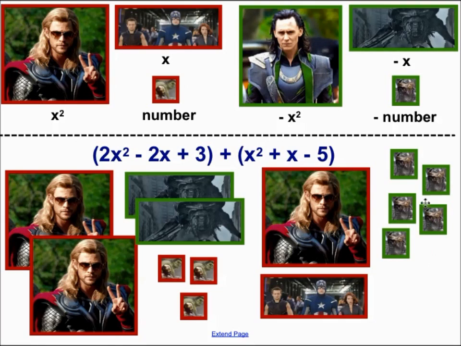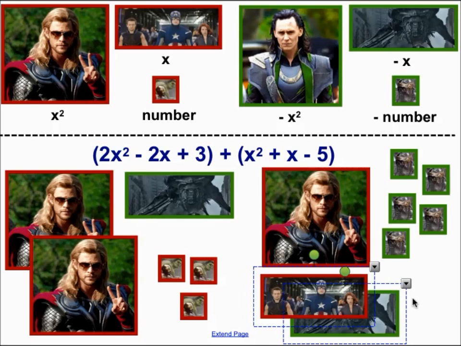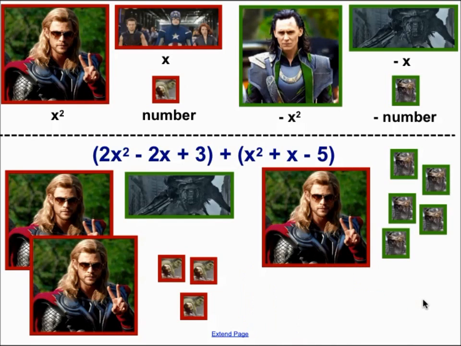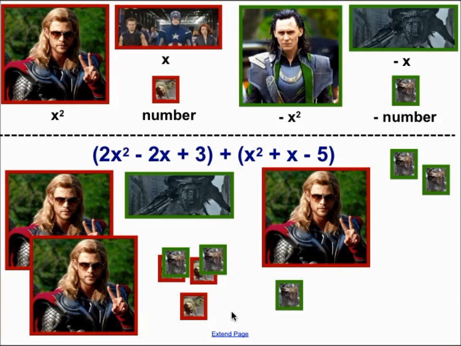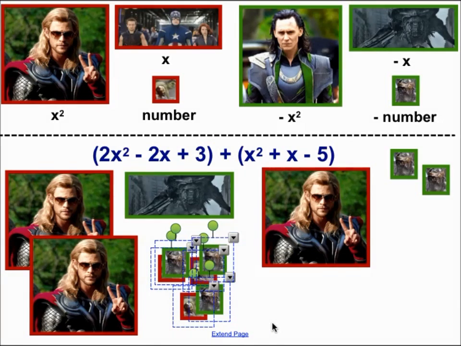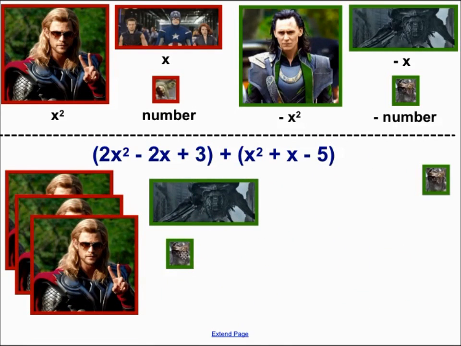So we're going to take all of these good guys and bad guys and add them together. Well, now this bad guy and these good guys are for sure going to cancel out. They all cancel out. These 3 good guys can take out 3 of these bad guys. Okay? So now let's just rearrange what we have left here.